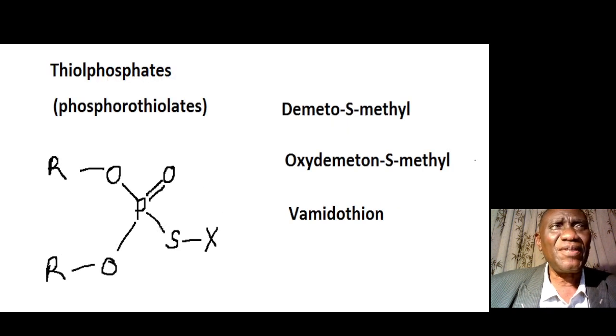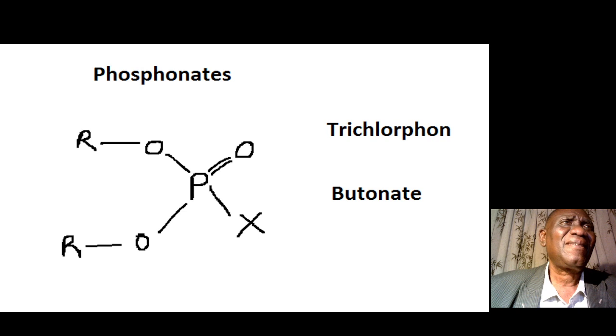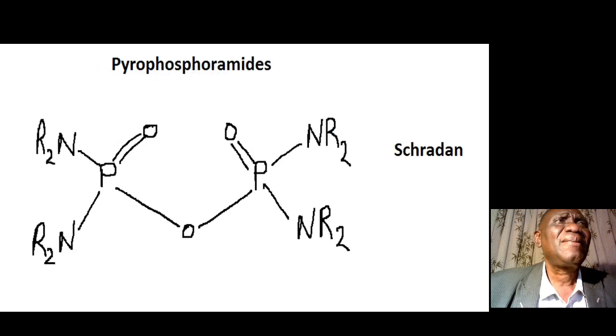You can have here, you have got sulfur, but when you have X attached to here, like this one, you have phosphonates, trichlorfon and butonate. So this is the structure which you should be familiar with. This one is a bit complicated. Pyrophosphoramides. Schradan is the example of the organophosphate.